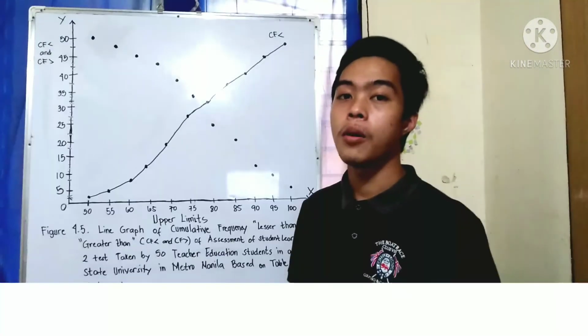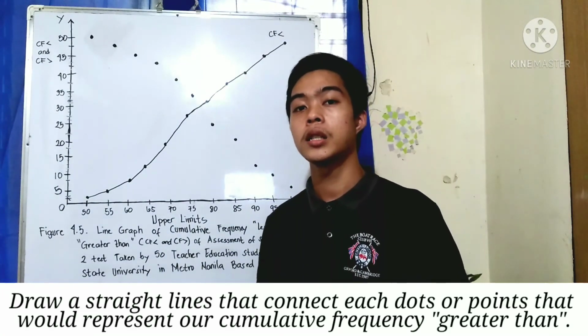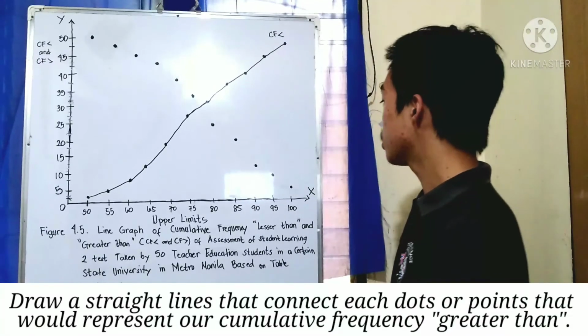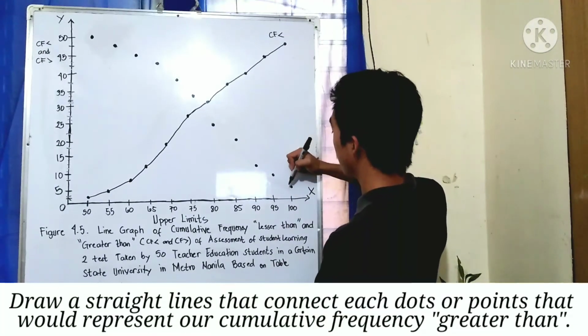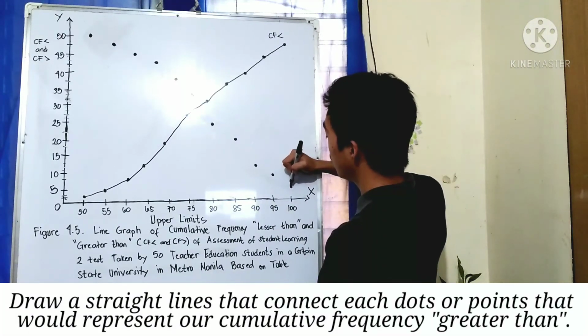Okay. Now, the next step is we will draw straight lines that connect each neighboring dot.